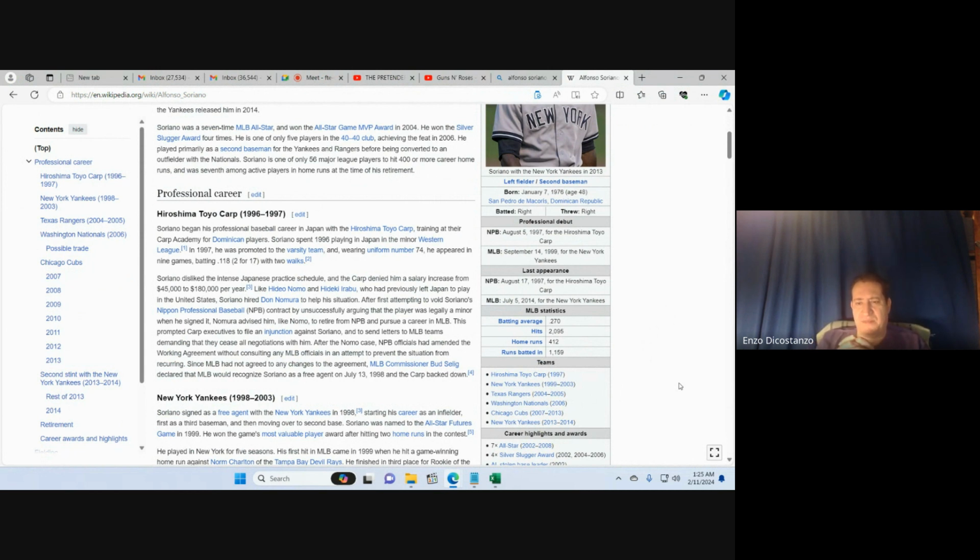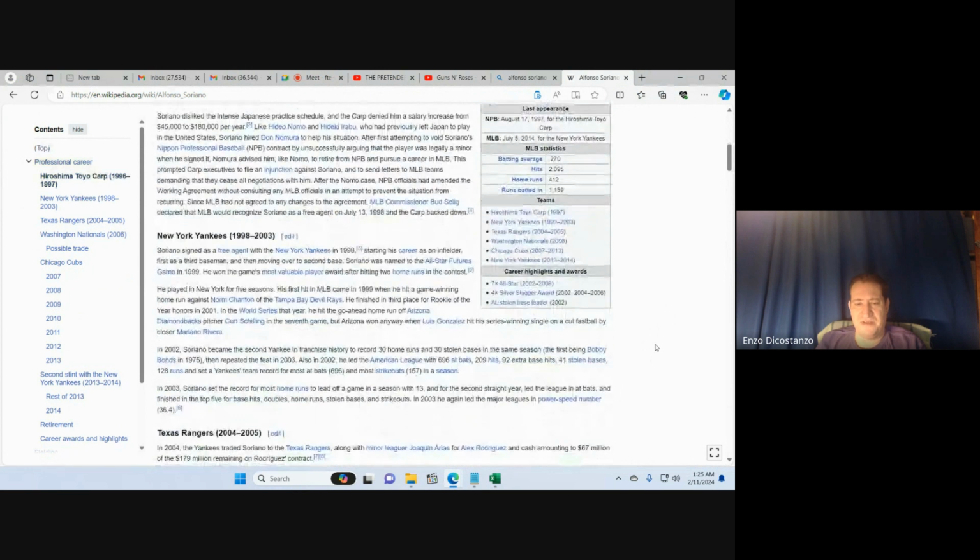I don't know how that happened, and then got to the Yankees, and actually I don't remember. I'm looking at these years he came back with the Yankees, but I don't remember that. So it must not have been. And these numbers are good. I don't know if I call them outstanding, but certainly good. He didn't get to 3,000 hits. He didn't get to 500 home runs. And then he compared to Alex Rodriguez, how he did. But that's where the name of that company most likely came from.